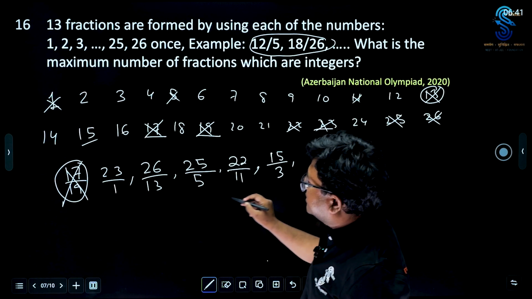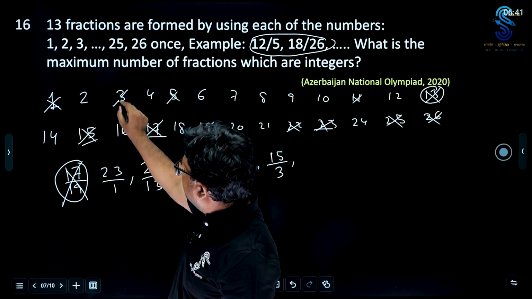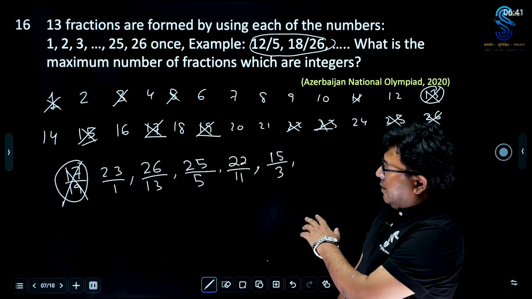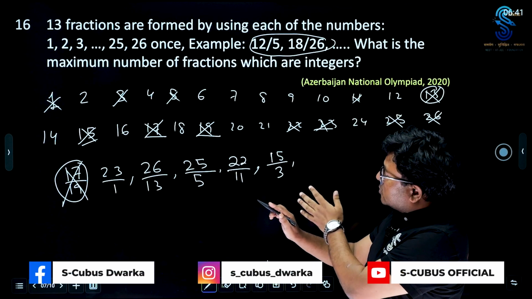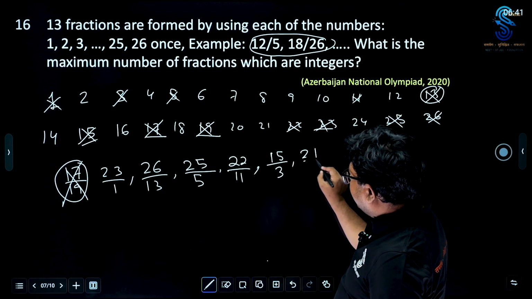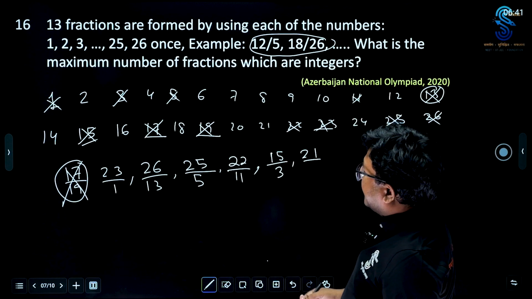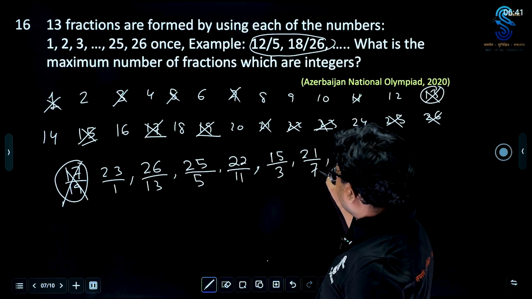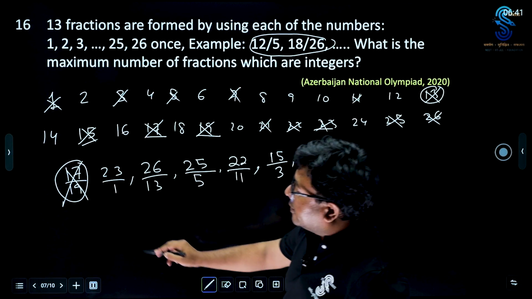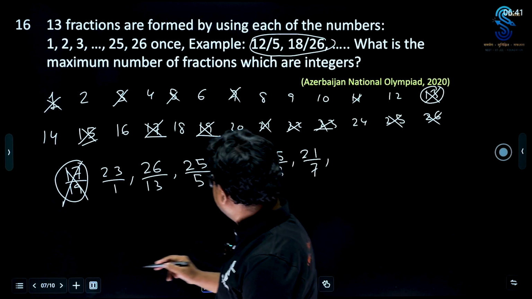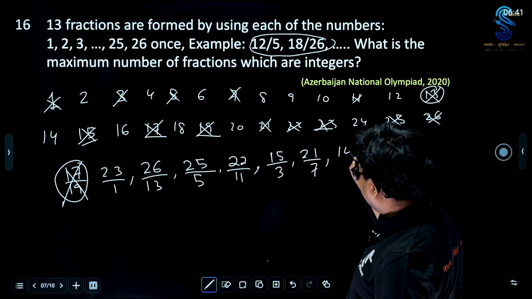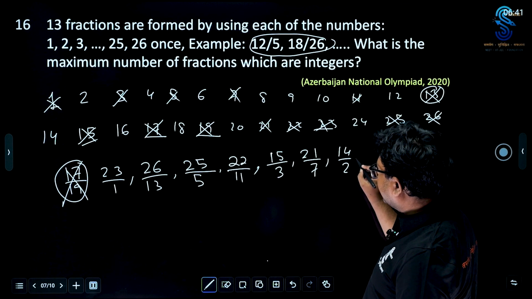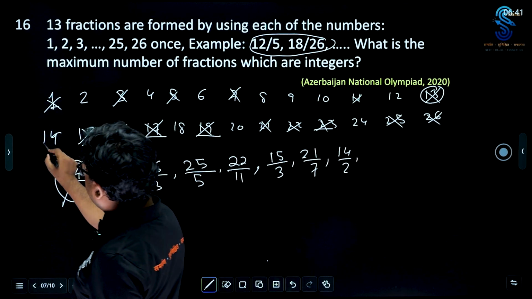So you need to put this. Now from the remaining, 3 is already gone. So if I put 21 in the numerator, I can take only 7. Because 7 is gone and already a 7 multiple is there. So if I write 14 in the numerator, I have to write 2 in the denominator.